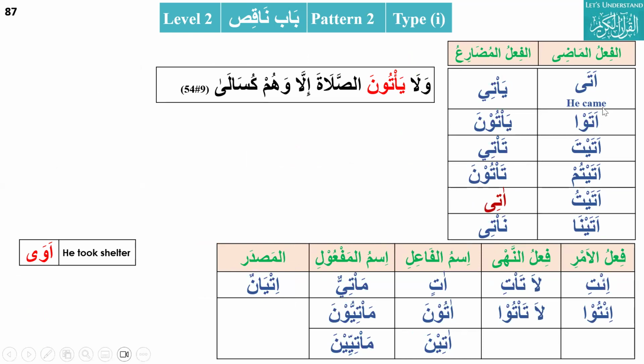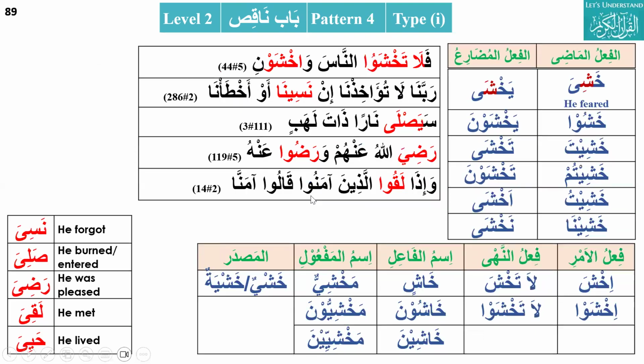Ata means he came. And ata, yu'ti means he gave. Ata, ataw, ataita, ataitum. So only the ta is stretched. He came. But if it is ata, he gave, he granted. So this is also an important word to remember.